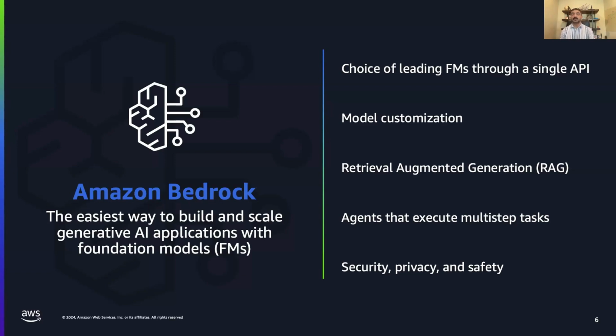At any point of time, if you're looking at a use case, you will want the ability to choose the right foundation model for your needs and customize that model in a secure manner, without exposing the underlying data to the foundation model and without that data leaving the development environment. That's pretty much a requirement I've seen when working with education or any customers when it comes to dealing with Gen AI in a secure manner.